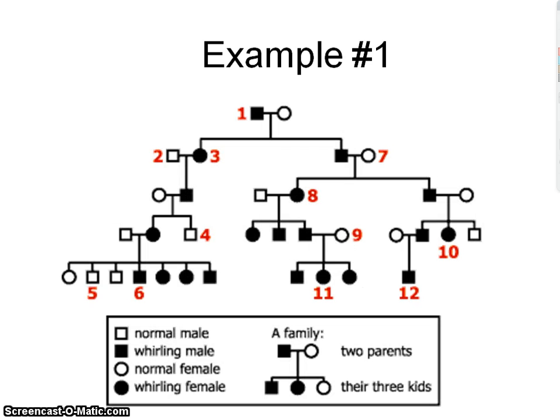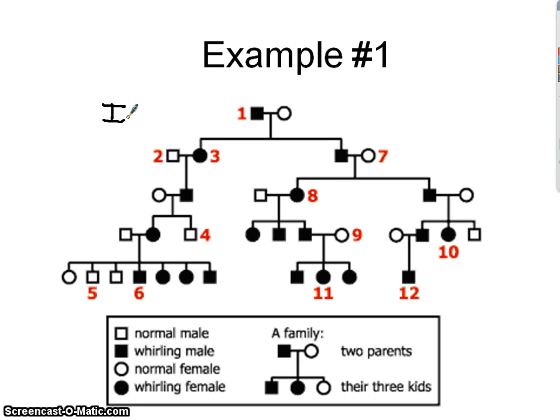So here's a family. They tell you that the squares that are not colored in represent a normal male. A colored square represents a whirling male. I'm pretty sure whirling is referring to, you know how people get cowlicks, where their hair grows? I think that's what whirling is. And then a circle is a normal female, and a colored in one is a whirling female. And then these represent your generations.